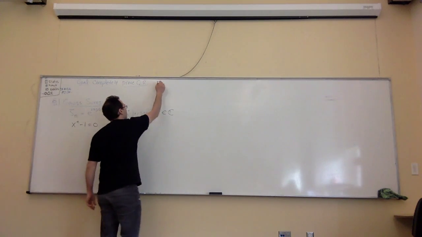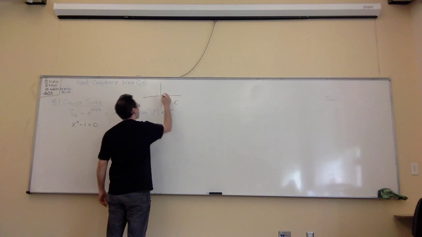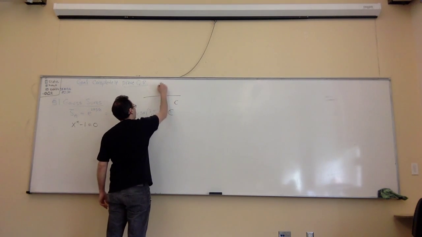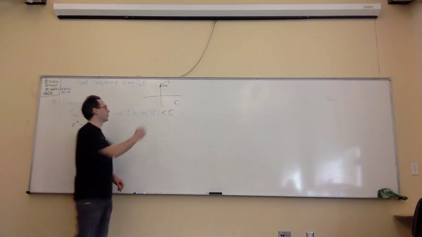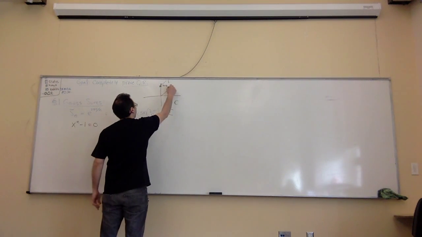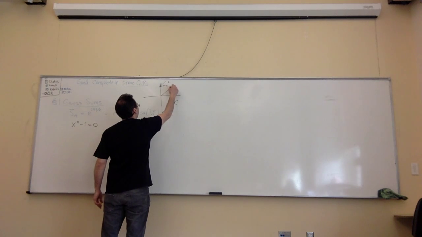If you drew a picture of the complex plane like this, then a 4th root of unity is right here. This is n equals 4. That's, of course, i in the complex plane. An 8th root of unity would be right here, zeta sub 8.